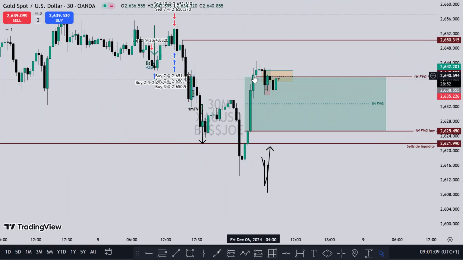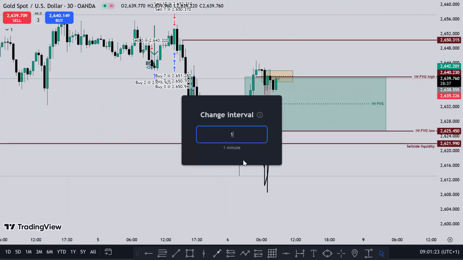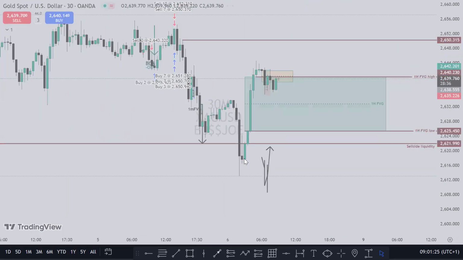The same 1 hour fair value gap. Do you understand? But it's now showing 1, 2, 3 in the 30 minutes time frame. Are you seeing that? Yes, sir.